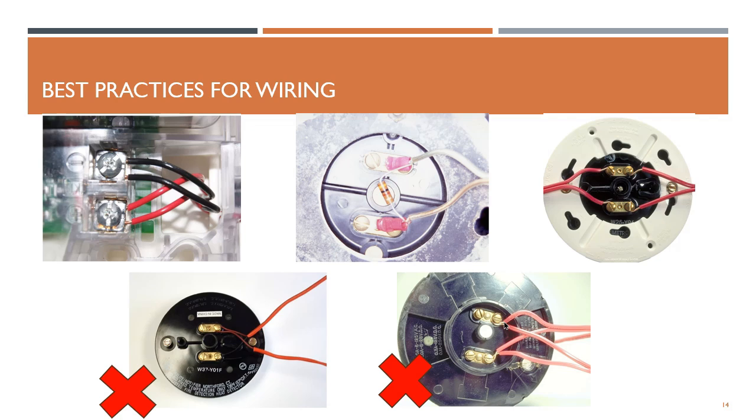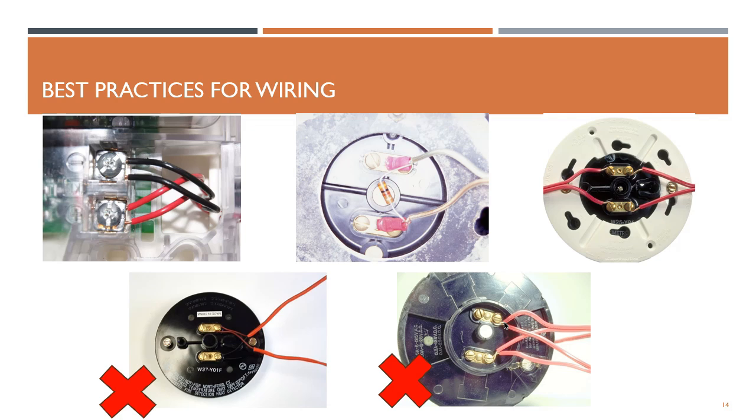Now, let's review some pictures that are examples of good installation practice as well as wrong practices. In the first picture on the left, you can see a correct connection on a device with only two screws, where we get in with the black cable as well as the red cable. Both wires are cut and enter the screw correctly.